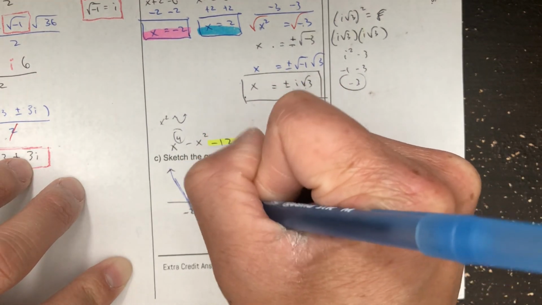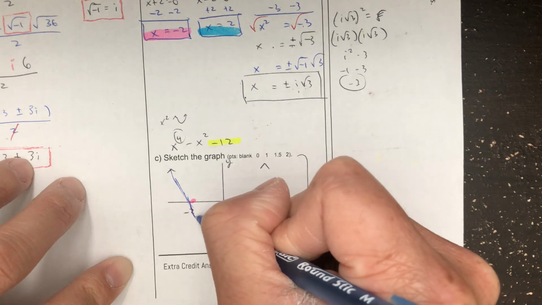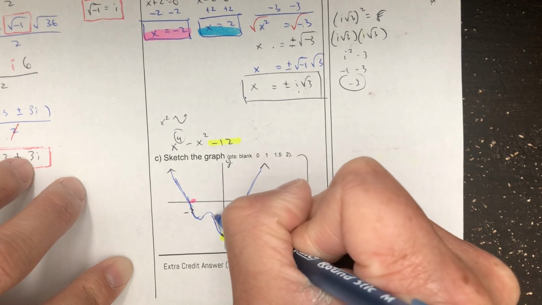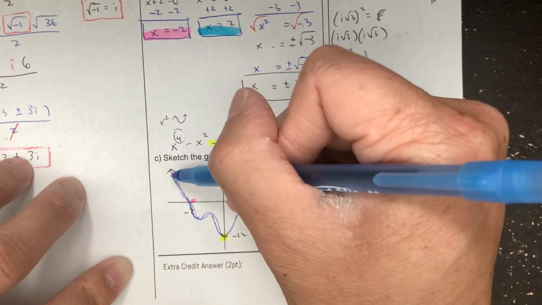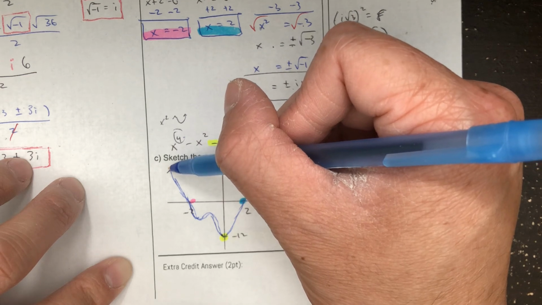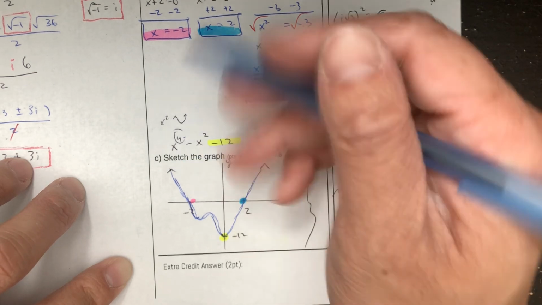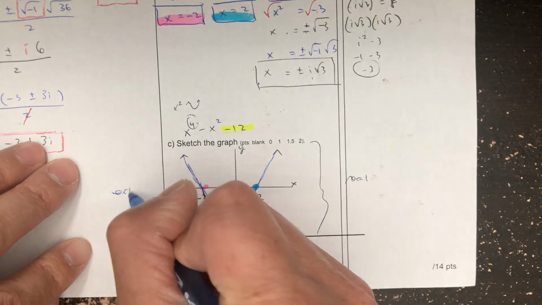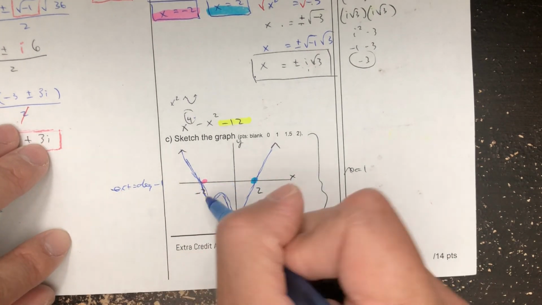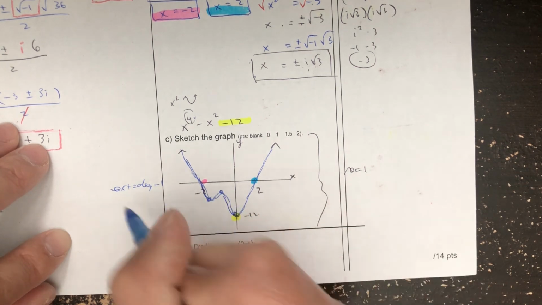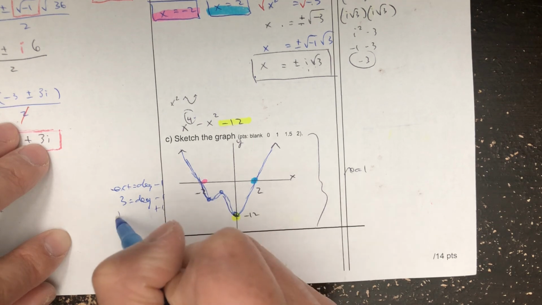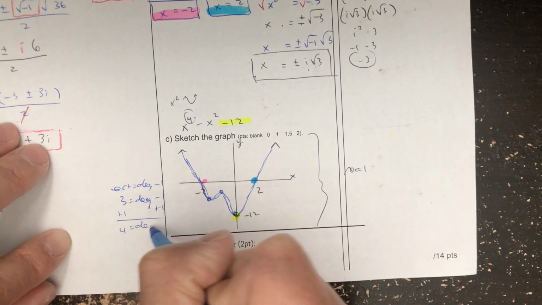Now I should show some kind of turning point or extrema there. Why is that the case? Remember, the extrema equals degree minus 1. We learned that previously. So if I have 1, 2, 3 extrema, and you add 1 here, you get a 4th degree polynomial.